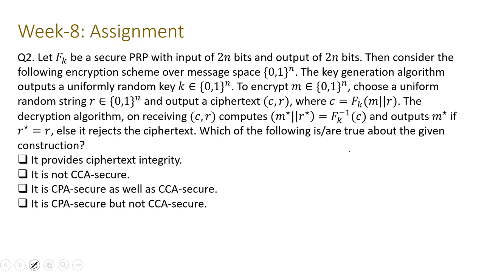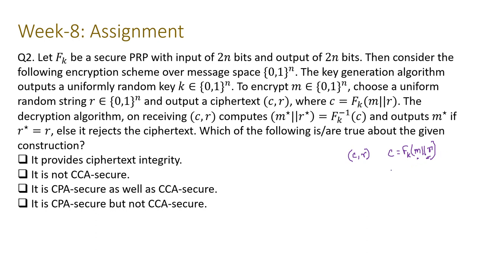The ciphertext is (C, R), where C is Fk of M concatenated with R, where R is the randomness chosen every time independently whenever you are encrypting message M, right? So this scheme is certainly a randomized encryption scheme, so it is CPA secure.